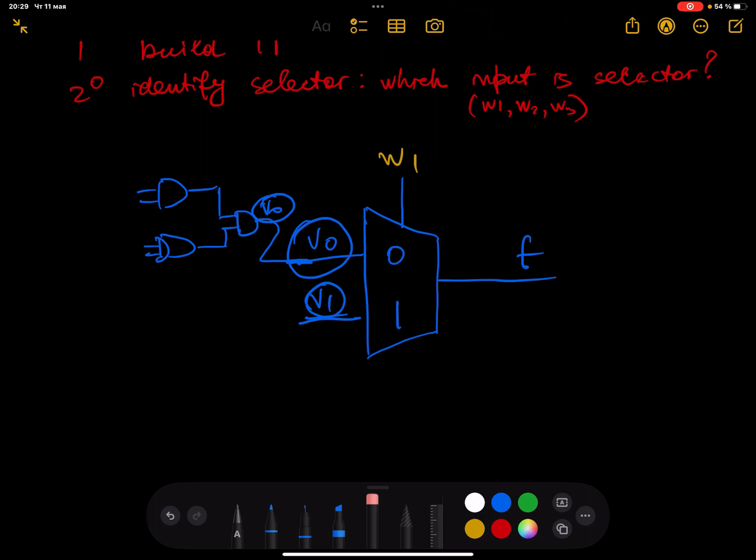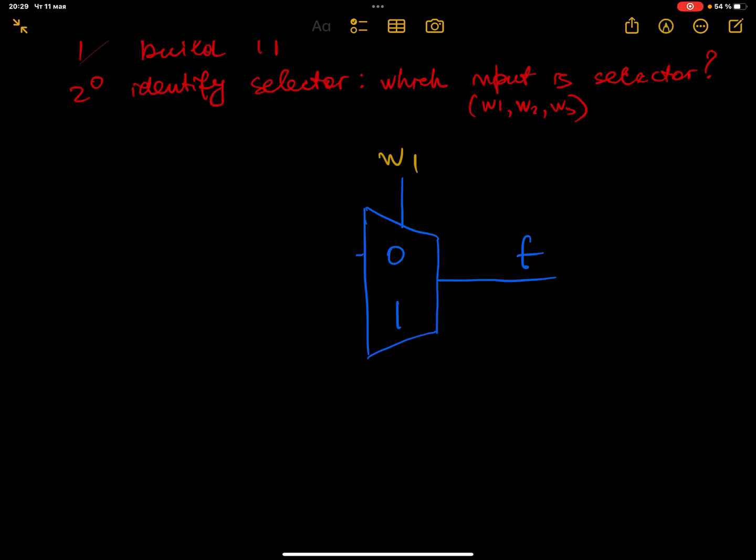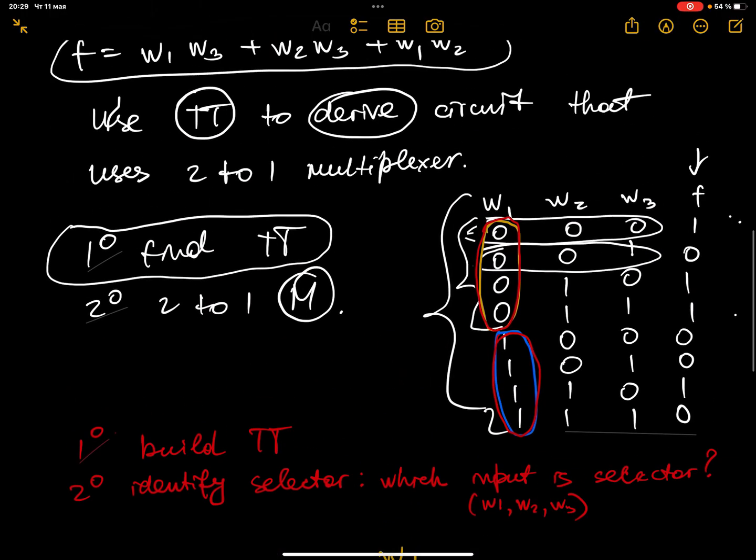Here we have to not just write the inputs, but we're going to build a circuit. I'm going to show it to you now. So let me delete it. Please be careful. See that we have 4 cases, right?